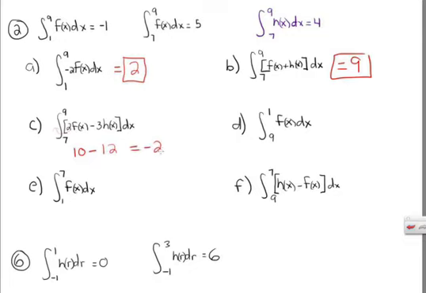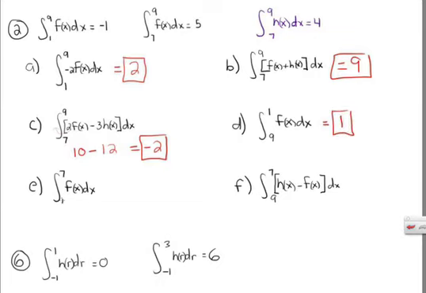So it looks like we should get negative 2. Okay, this is 1 to 9, or I'm sorry, it's 9 to 1. We know the integral from 1 to 9 is negative 1. We're integrating backwards, so that means the integral is going to give us the opposite answer. So the answer should be positive 1.